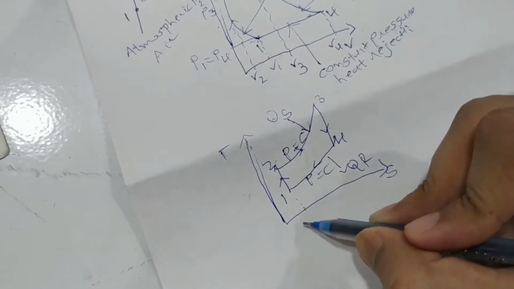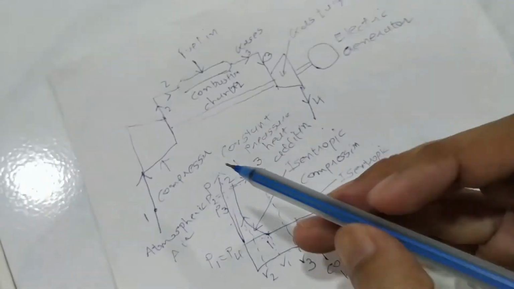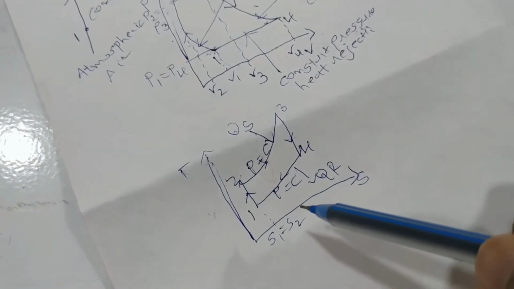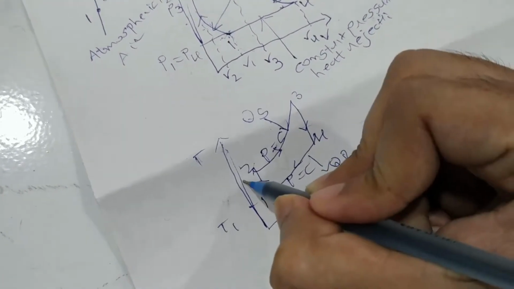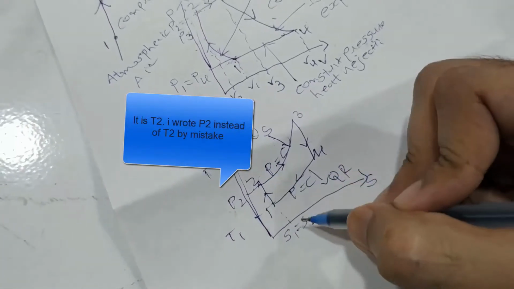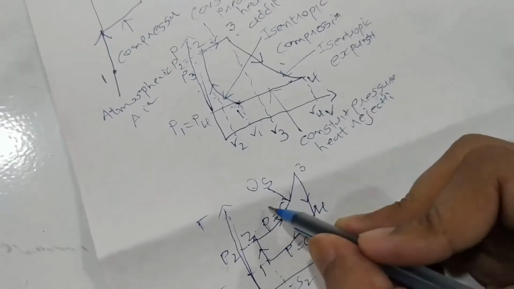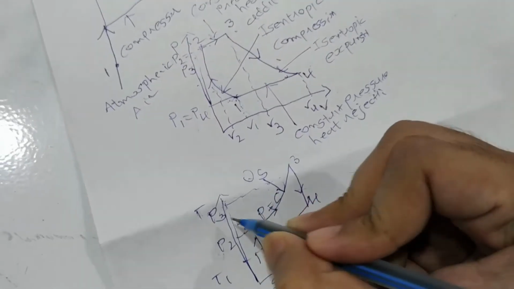So S1 is equal to S2. In the compression process entropy stays constant according to this TS diagram, but temperature increases during this compression process. This is T3.